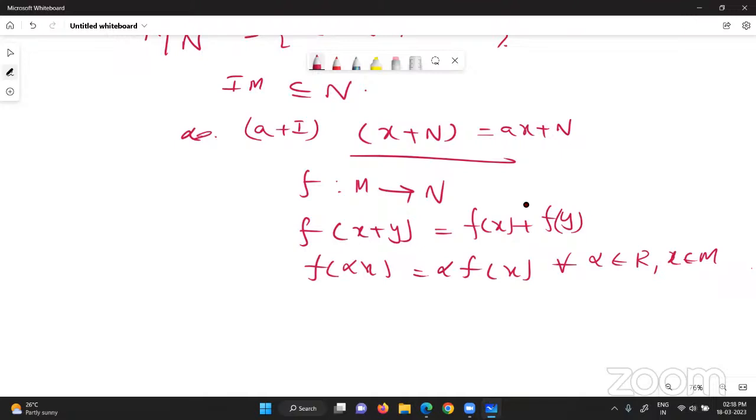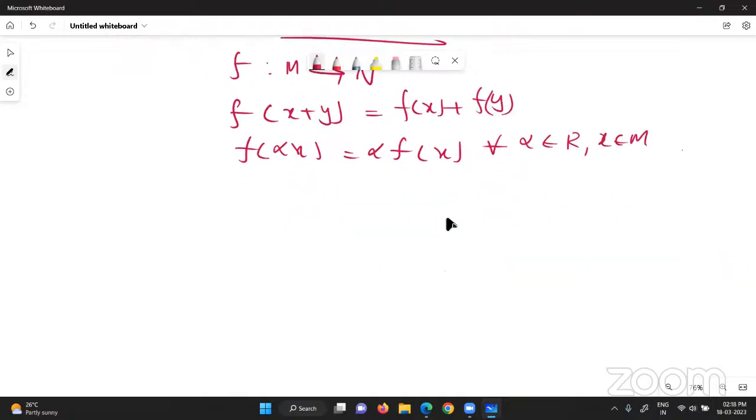The kernel of a homomorphism is the set of all x belongs to M such that F of x equal to 0, the set of all those elements that are mapped onto the 0 element. And the kernel is a submodule.